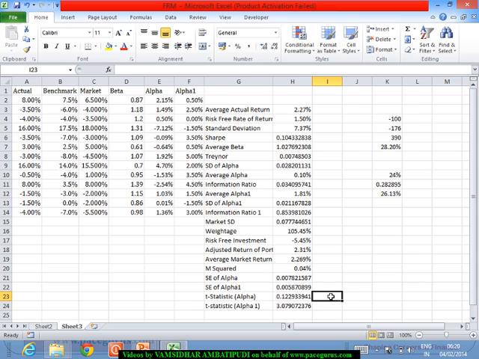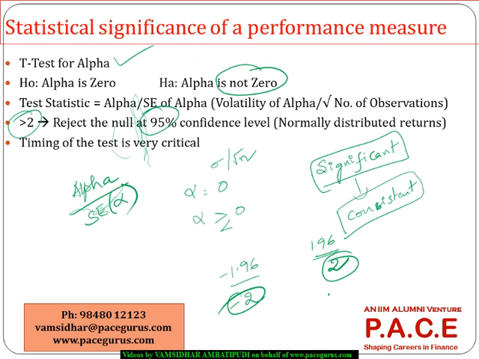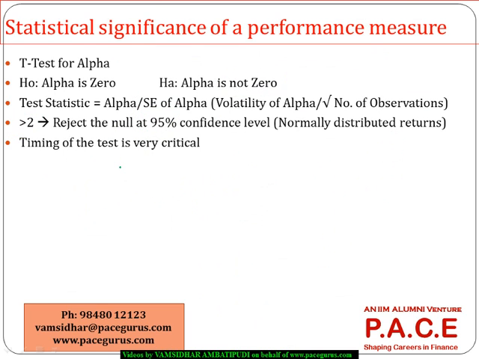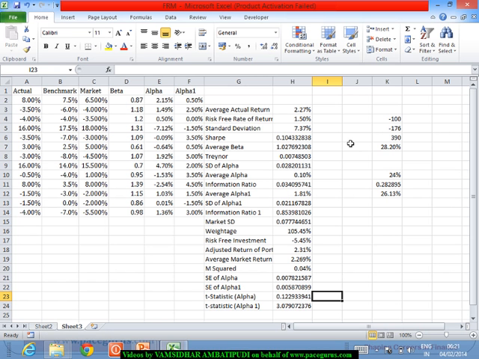Otherwise, the simple test is: if the t value is greater than 2, it means alpha is significant. Otherwise, we cannot have any kind of evidence to say that the alpha is significant. So I can very well go with the alpha being as good as 0 itself.